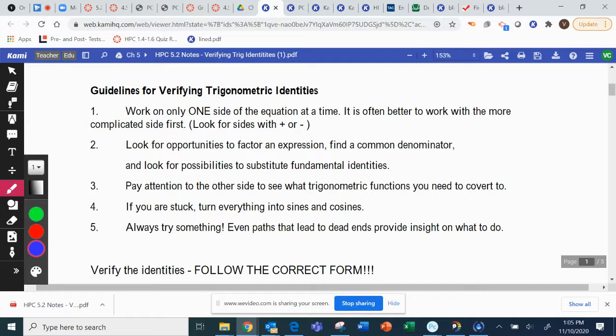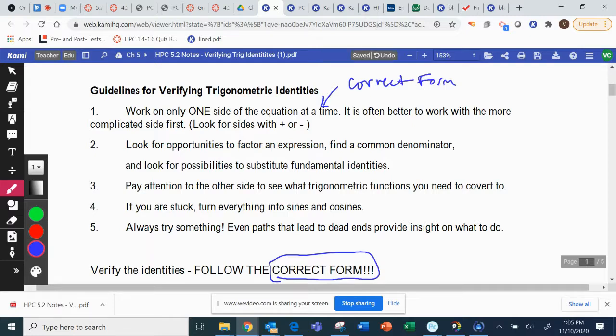There's 5 different things that you want to think about while doing this, and then we'll do a bunch of examples of them. So number 1, we're only going to work on one side of the equation at a time. I put right here, follow the correct form. Just like when you do geometry proofs, there's a specific form that you need to follow. You don't get to make up your own thing.